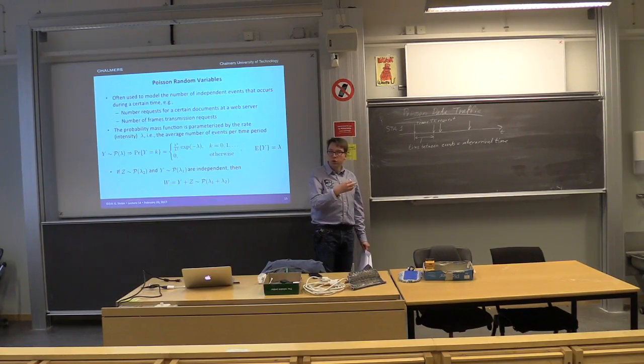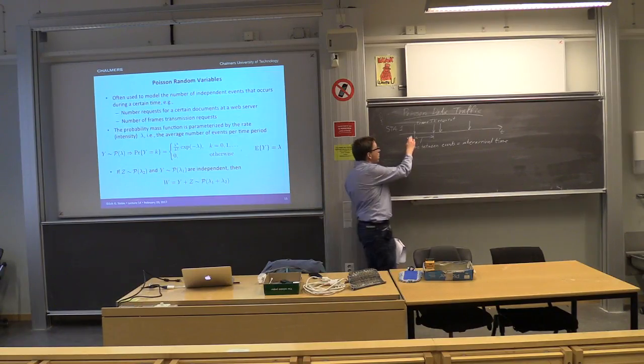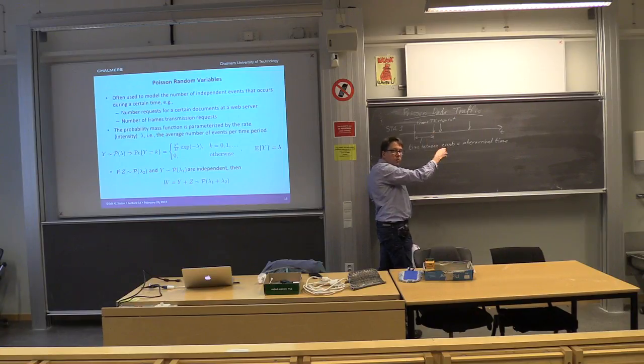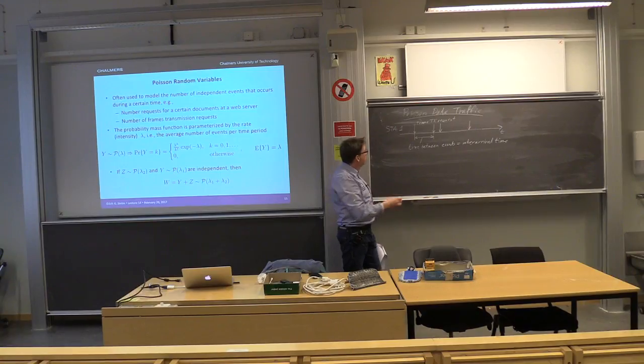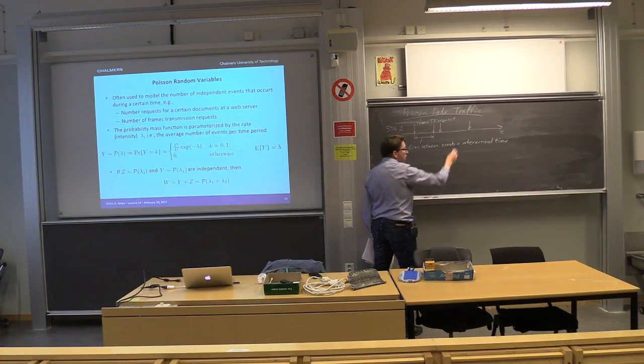You can think of it as queues, the arrival of customers. Here one customer came, here's the second customer, third customer, and so forth. Here it is frames: first frame, second frame, third, and fourth, and so on.